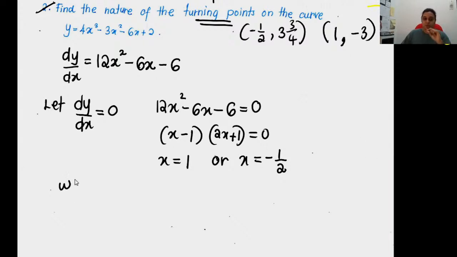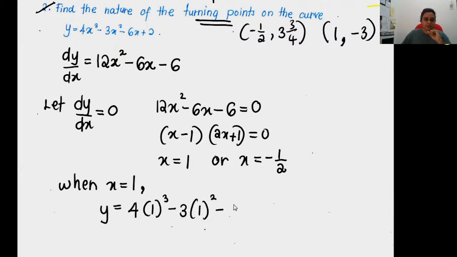When your x is 1, what will be the y? We substitute into the y equation. So y equals 4 times 1 to the power 3, minus 3 times 1 to the power 2, minus 6 times 1, plus 2. Key this entire thing into the calculator and you will get the value negative 3.